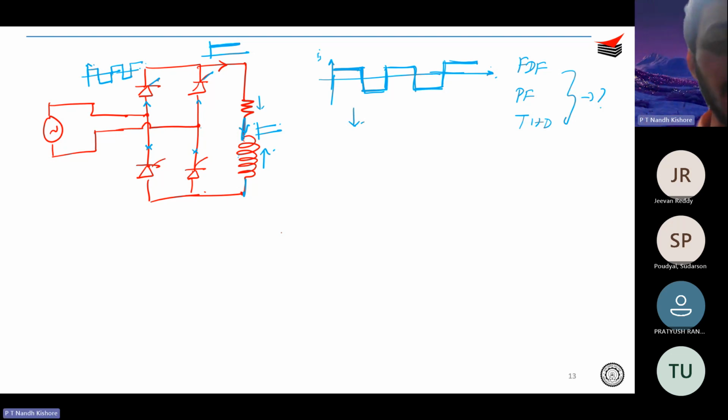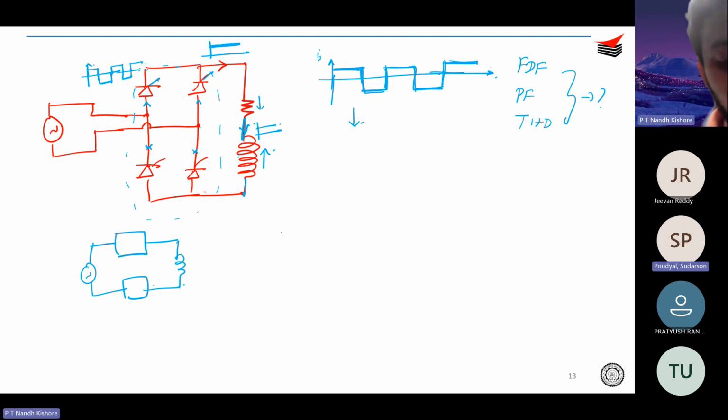So what I'm doing is, this entire portion over here has SCRs which have a fixed firing angle, but what I'm assuming in the equivalent circuit is some element over here, and an inductor which has a constant current.